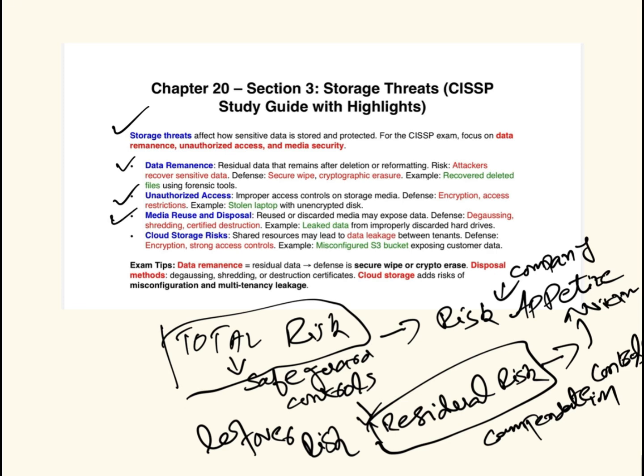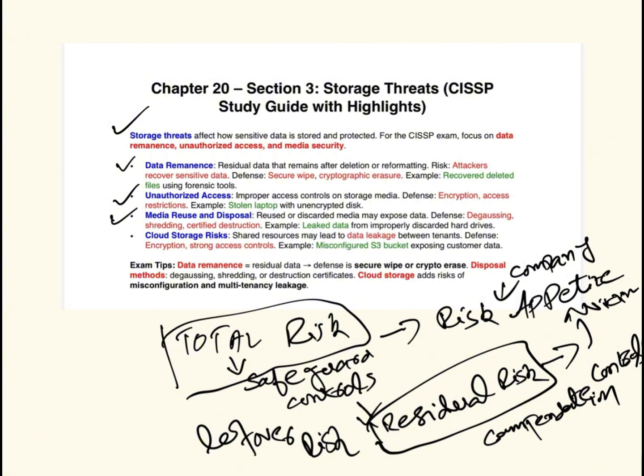Media reuse and disposal: when old drives, tapes, or other media are reused or discarded improperly, data remnants may still exist, as we have thoroughly discussed. For example, old hard drives sold online still containing confidential corporate files.